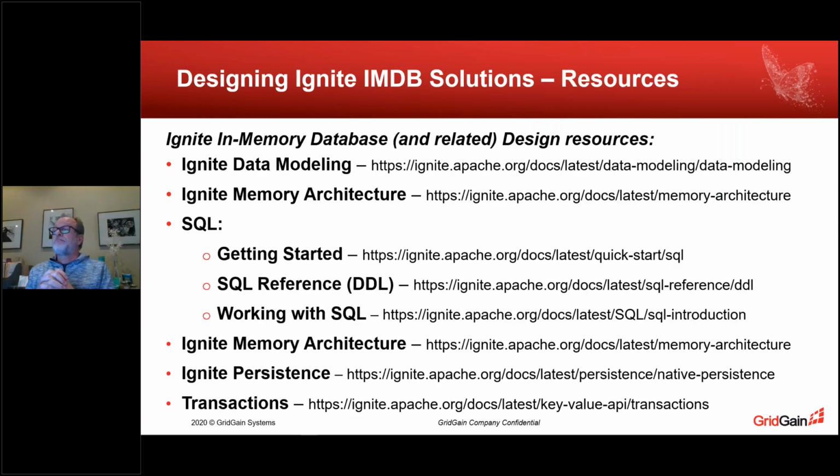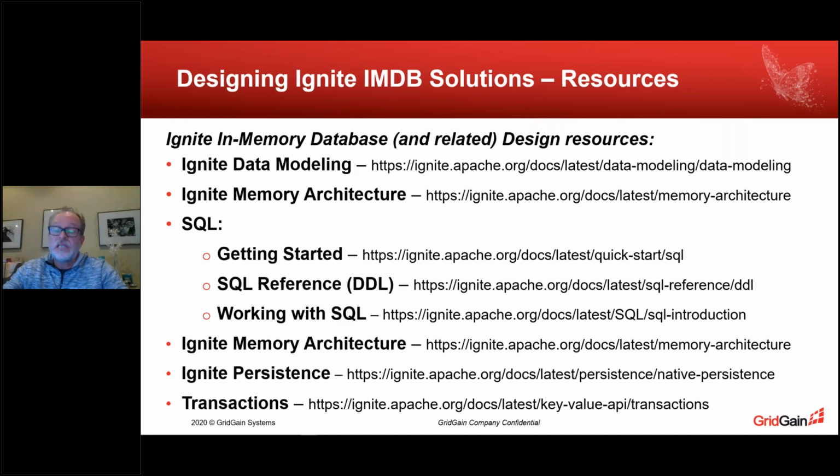Okay, so here's where I was really referring to, don't write any of these things down. These are some resources that will help you in designing an IMDB solution. So I'll just highlight a couple of them. There's a whole section on our page for Ignite data modeling. There's a discussion that I think is important around the Ignite in-memory architecture that applies to your solution as well.